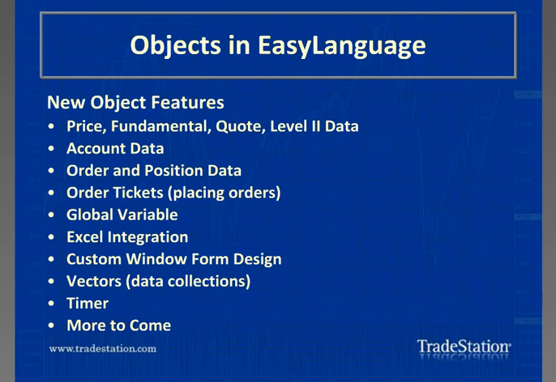But if you're writing more complex indicators, writing indicators for radar screen, if you need to have interaction with the real world, or you need to pass information to Excel, or you want to know when something changes in your account, those kinds of things will require EasyLanguage objects. Those features are not available in core EasyLanguage. Certainly, we will see today that there is some duplication of functionality, but objects adds a new level of interaction with the data so that you can capture events and react to events in real time.